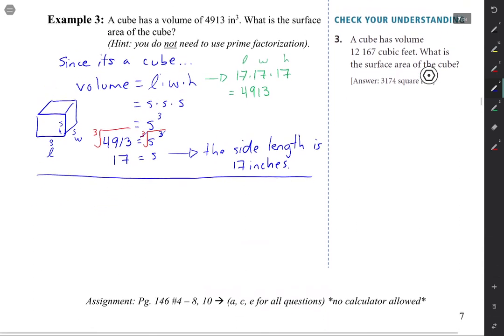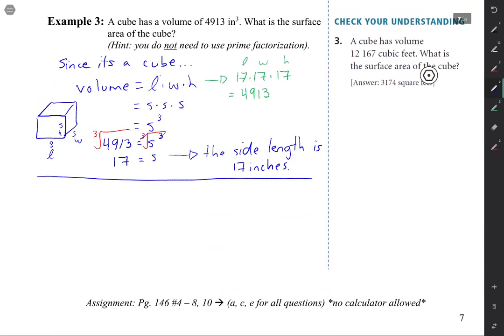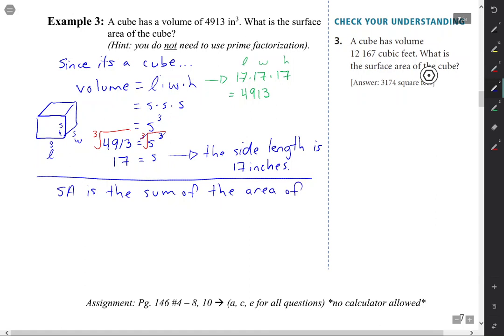So let's remember what surface area is. The surface area, or the SA, is the sum of the area of all the faces on the cube. And remember, a face is just these outside square sections.